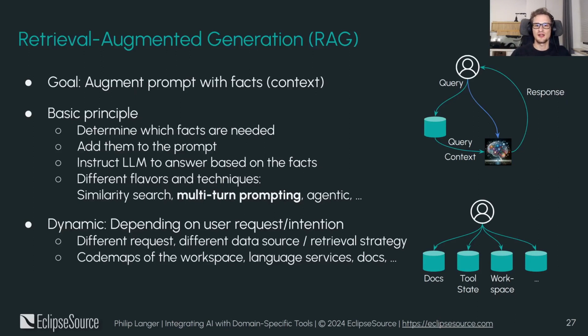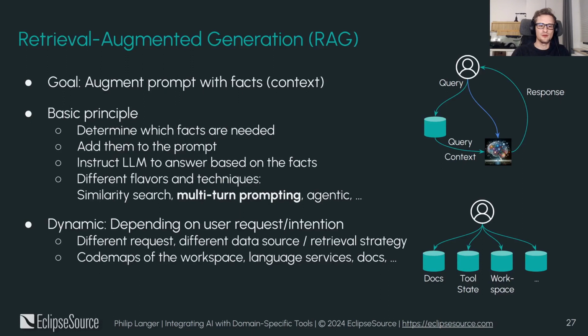The basic idea is that instead of taking the query and giving it directly to the LLM and receiving the response, we first go to some sort of component, give it the query, and resolve relevant facts, knowledge or data based on that prompt, attach it to the query and send that to the LLM, so that the LLM can answer the query based on the additional context we've collected from this component, and is therefore much more relevant and much more precise.